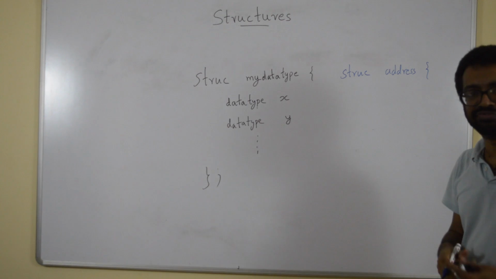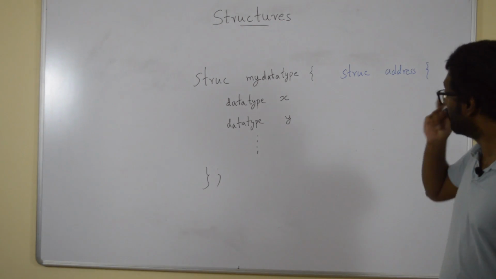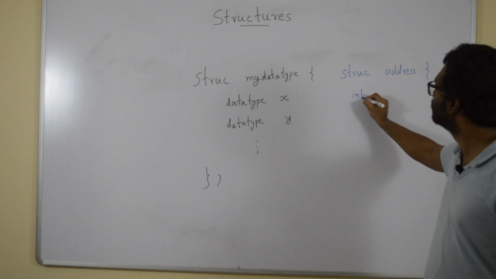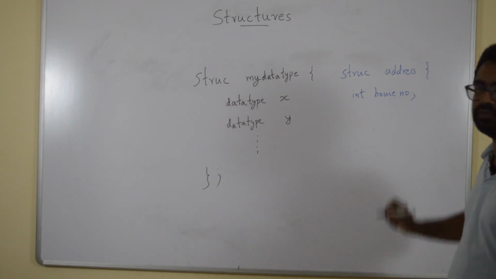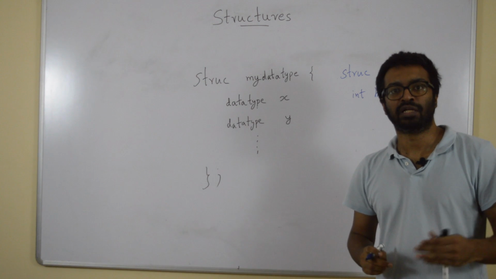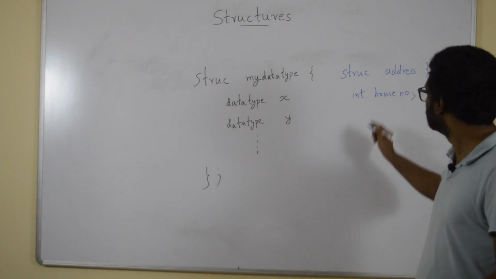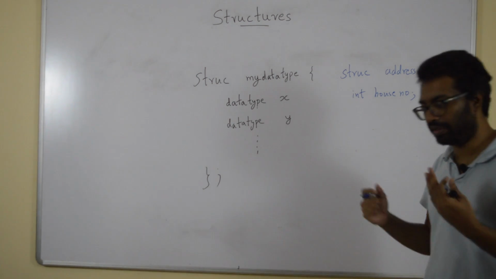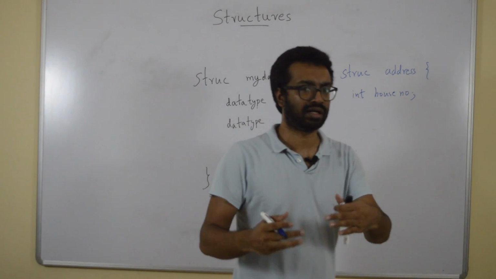What are the things we want in address? We want a house number, let's say, which is an int. We want the street name, let's say. The street name we can define by a character array.